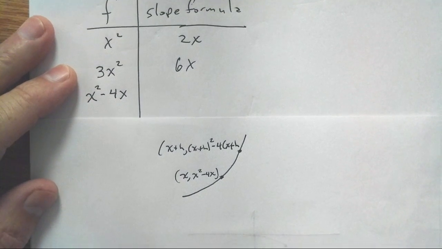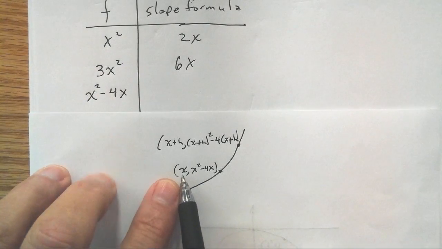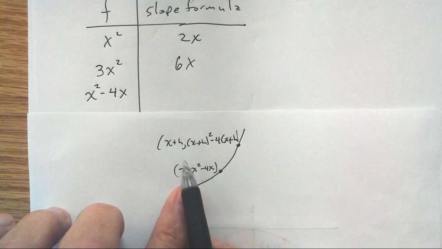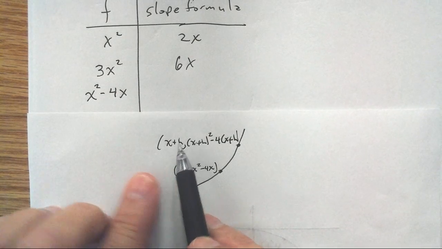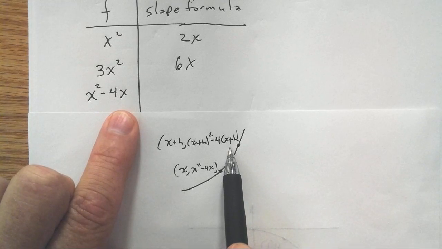We'll find out. So, I put in x, I square it and subtract 4x, there's our standard point. Then I slide to the right, x plus h, I get x plus h squared minus 4 times x plus h.